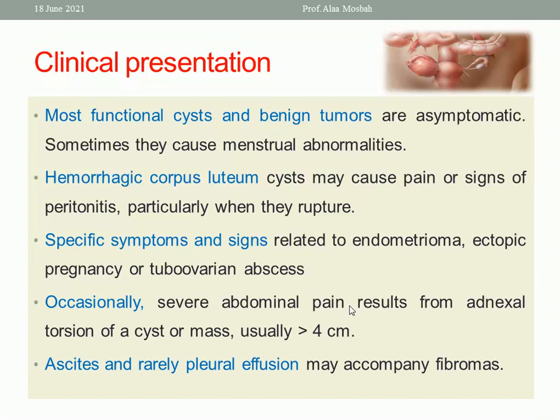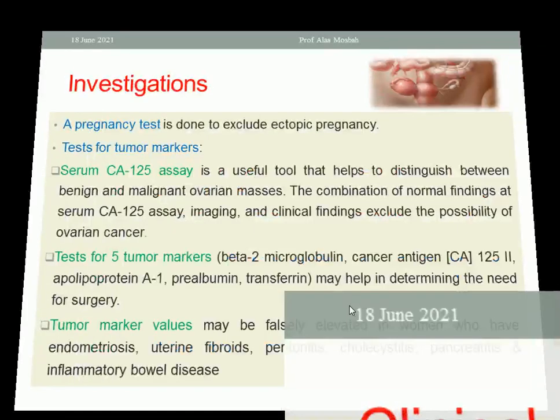Sometimes a benign mass presents with symptoms of complications like torsion, infection, rupture, and so on, especially if this benign mass exceeds 4 centimeters. Ascites and rarely pleural effusion may accompany fibroma, as we mentioned before.